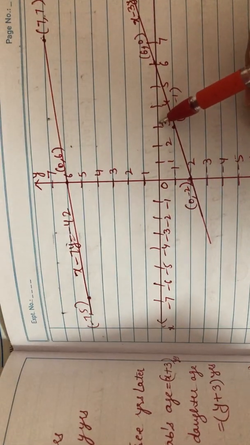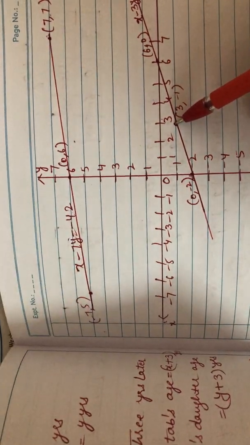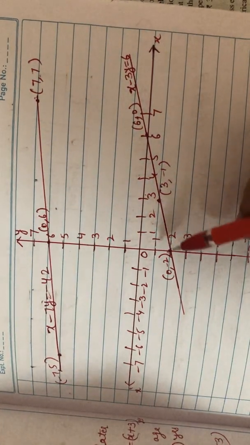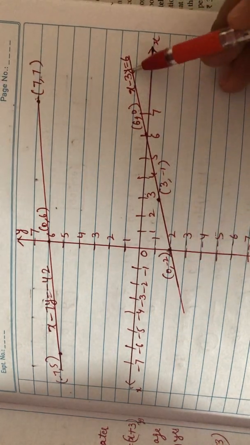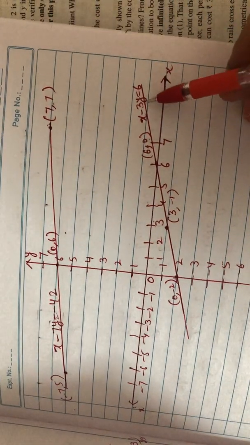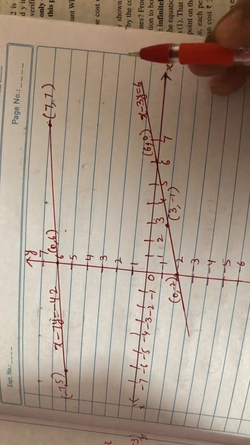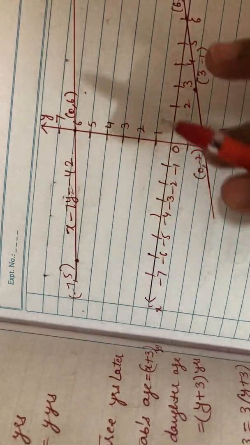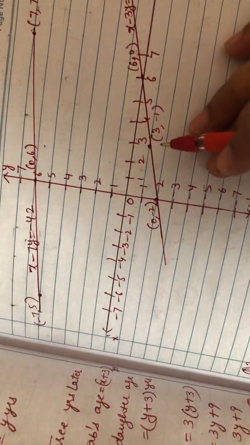So here it is x 3 and y minus 1 is here, so this is 3, minus 1. So again all the 3 points are plotted. After joining them with the help of a scale, we get the graph of x minus 3y equal to 6, the graph of the second equation, right? So this is the graphical representation of the pair of linear equations in two variables.